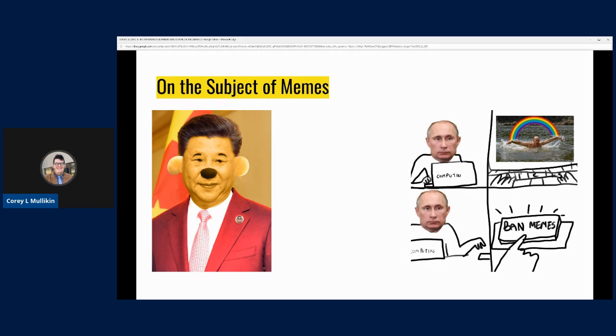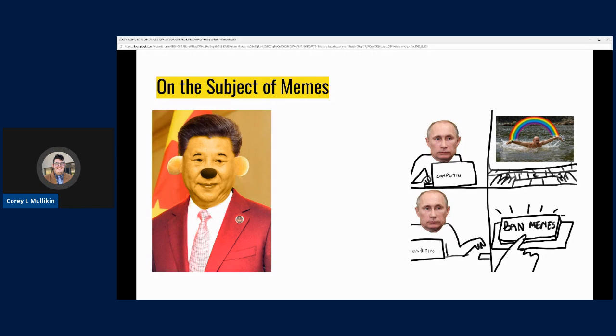So right now on screen, you can see two. This is the Chinese president, Xi. I am probably butchering that. And over here is Vladimir Putin. Now, these are two memes that probably, if I was sharing these around in their appropriate countries, I'd get in a huge amount of trouble. Many people compared the Chinese president to Winnie the Pooh.